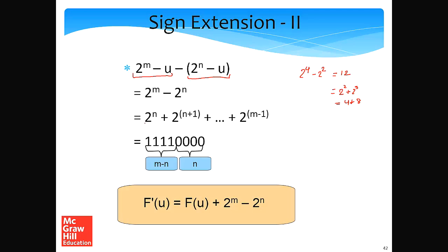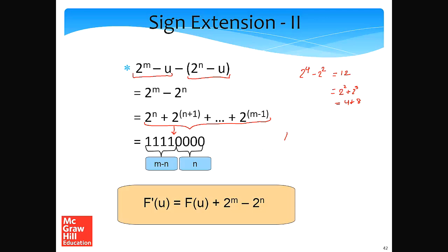But the interesting part is that if I take this expression and convert it into binary, what I would get is n zeros and the remaining m minus n ones.